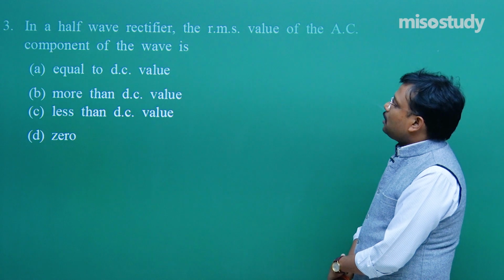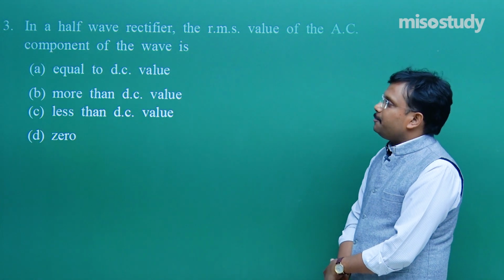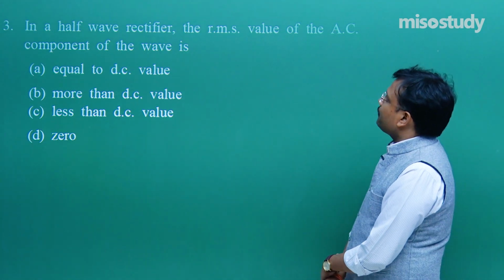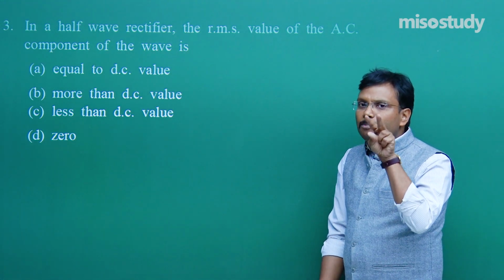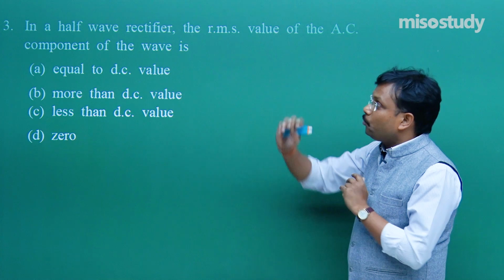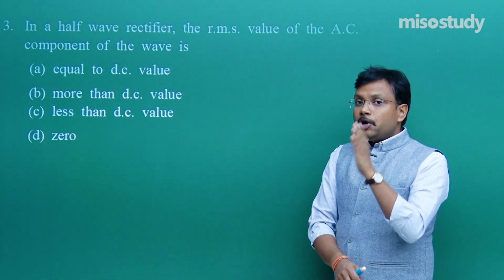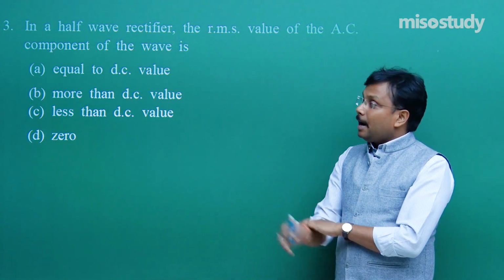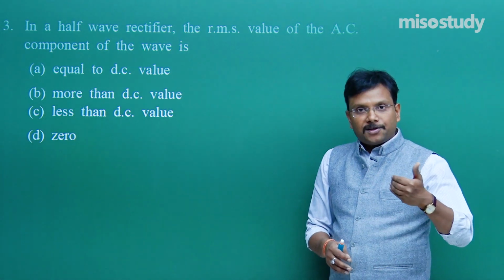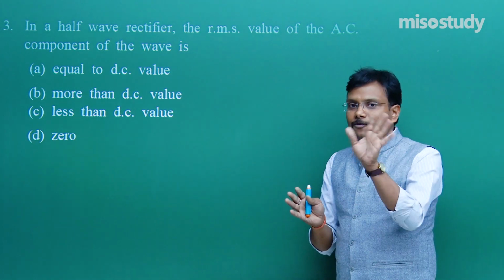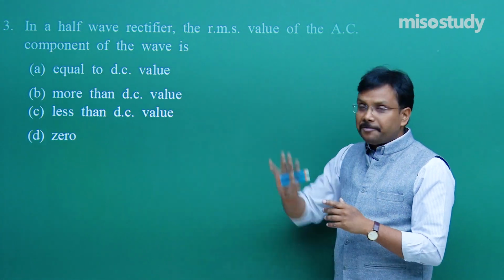The RMS value of the AC component of the wave is... RMS value of AC component. It means two types of components are possible. Basically what a half wave rectifier is doing: you are providing AC, and the half wave rectifier is converting half a cycle of AC into DC, and the remaining half is not available because it is a half wave rectifier.